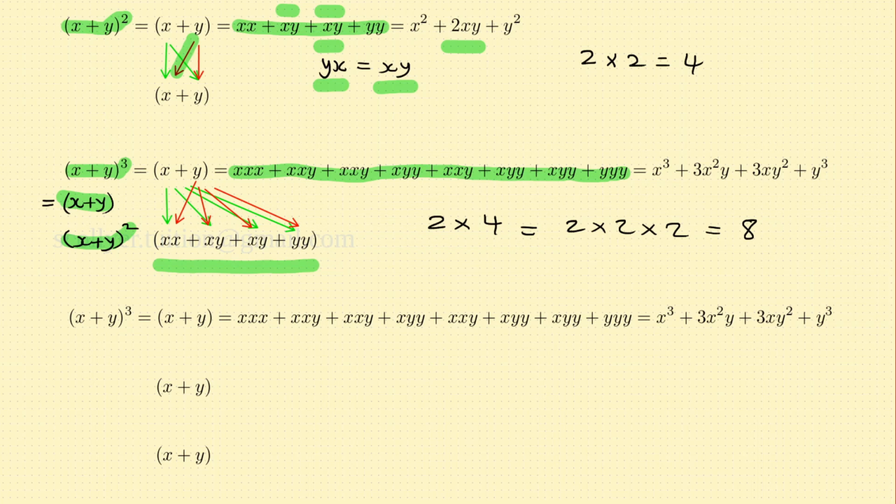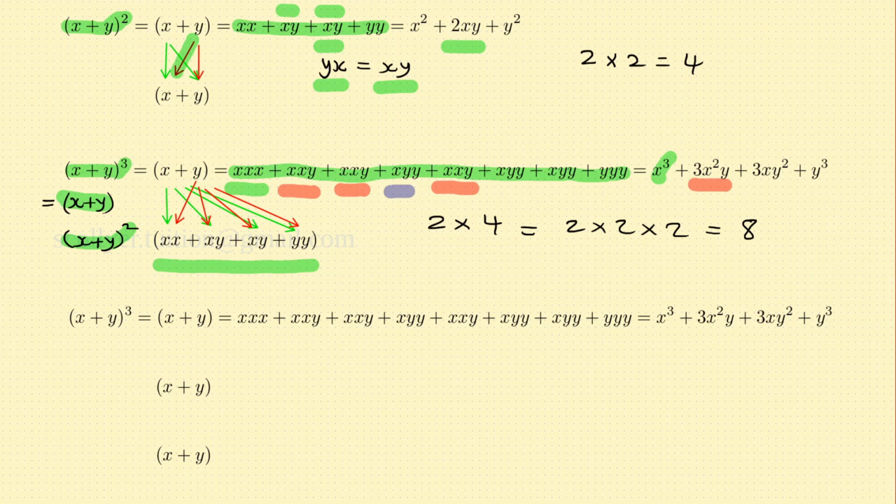Now, of course, we have to simplify our expansion, and we have one term with 3 x's, which becomes 1x cubed. We have 1, 2, 3 terms with 2 x's and 1 y, which becomes 3x squared y.